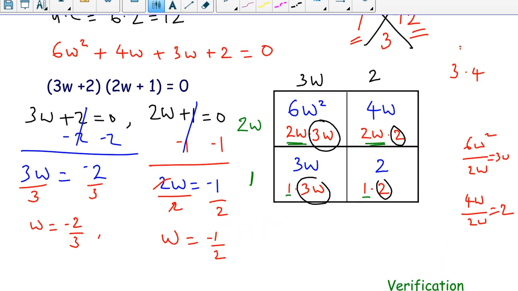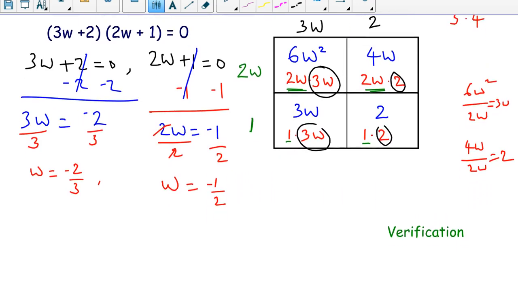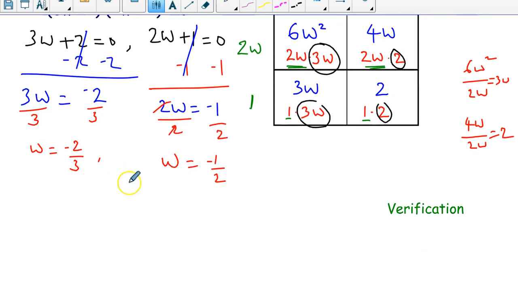So these are the two answers: W = -2/3 and W = -1/2. So the solution to that quadratic is W = -2/3, -1/2.